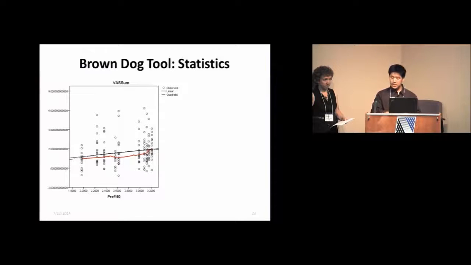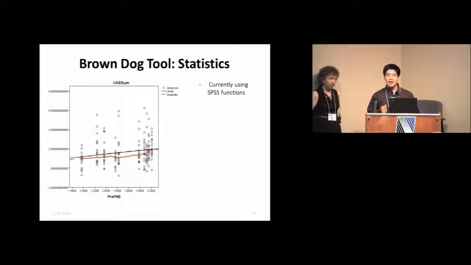Another tool that Brown Dog could help with is a statistical tool. Currently we are using the SPSS functions to run our statistics in the Landscape Architecture Lab. And sometimes the problem we face is we have to run several data sets. For example, in this study, we tried to find different relationships in different groups of data, and we ended up having to run 18 times to create all the graphs for statistical interpretation. Now, when I talked to the Brown Dog programmer, she said what she could do is create this automatic set of codes that runs the more common selections of data interpretation for you.